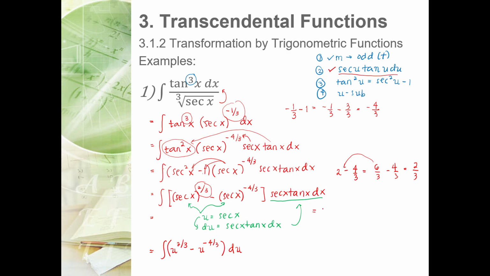Integrating, we have 2/3 plus 1, that will be 5/3, all over 5/3, minus u to the negative 4/3 plus 1, that will be negative 1/3, all over negative 1/3, plus c.